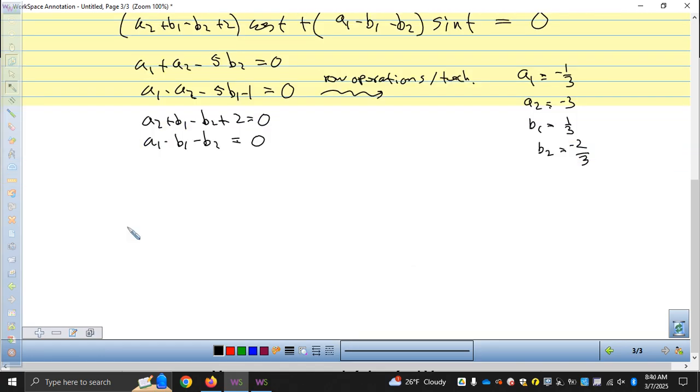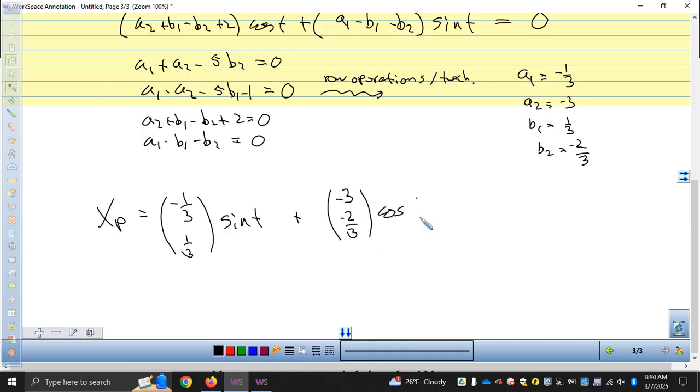So our particular solution, finally, is negative 1/3, 1/3 sine t plus negative 3, negative 2/3 cosine t.